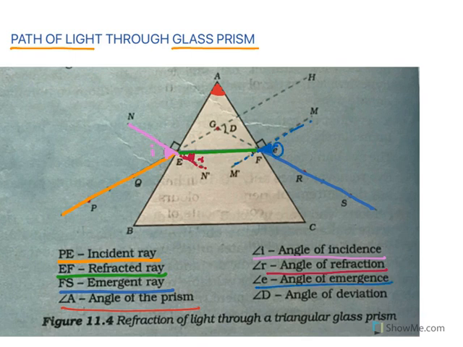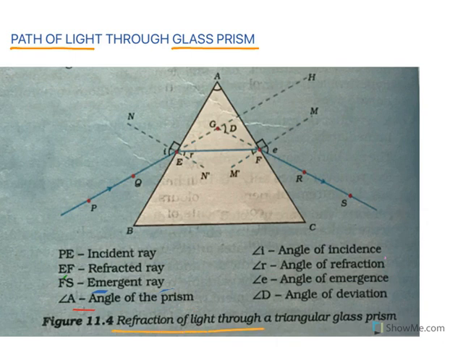And the last, angle of deviation, is the angle between the original path and the emergent ray. Here, this D is the angle of deviation. So all these 8 things you need to mark in your figure. So that is refraction of light through a triangular glass prism.